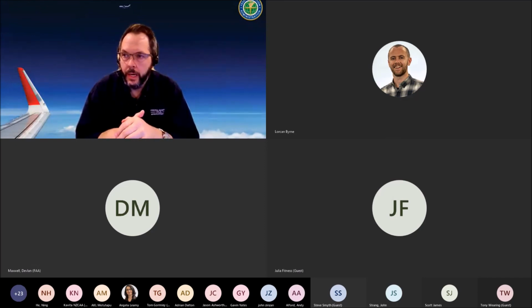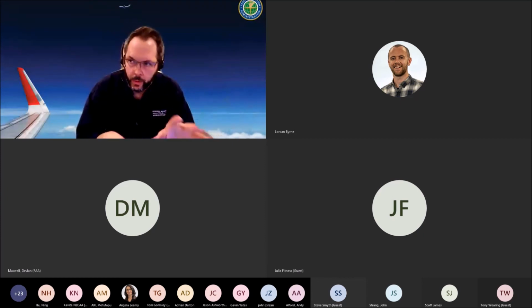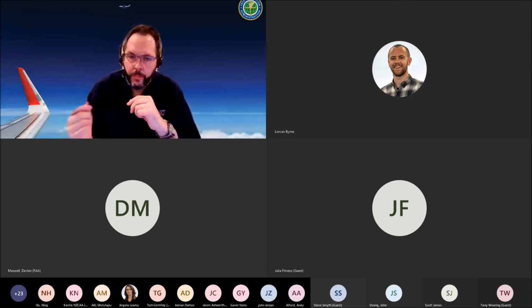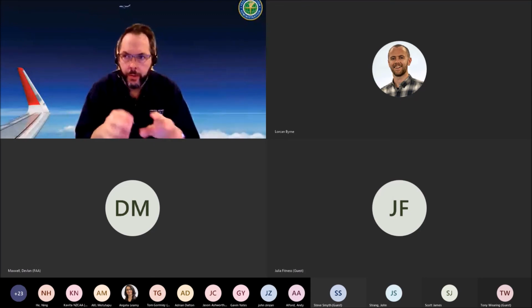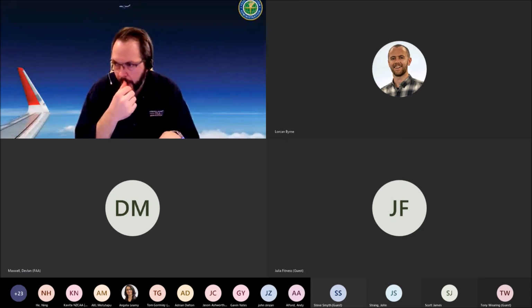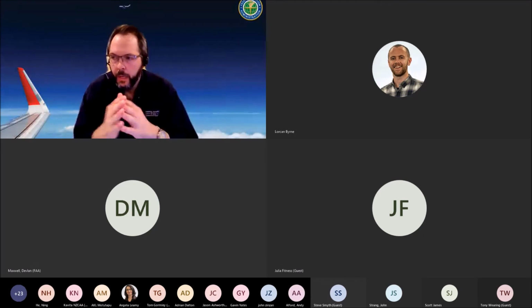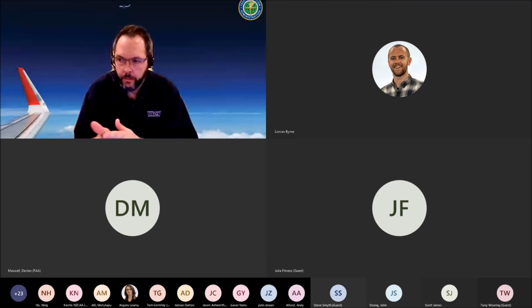We're looking at it in the Pacific and in Alaska, sorry, looking at it there for contingency. In the Pacific, we're looking at it for increasing the efficiency of operations into some of the Pacific islands that don't have any surveillance coverage at all. So we do procedural separation there, and they would benefit from surveillance, tactical separation instead of procedural.